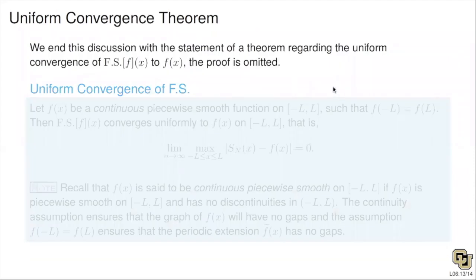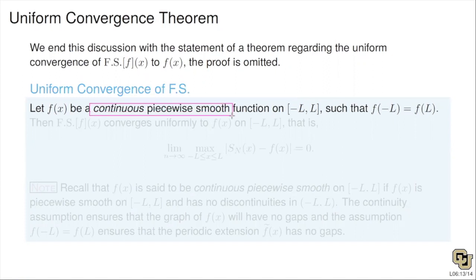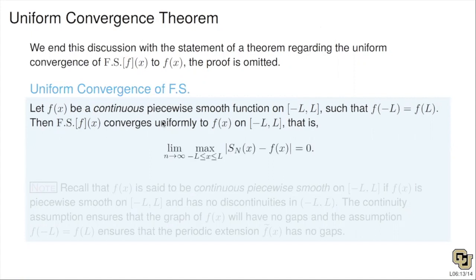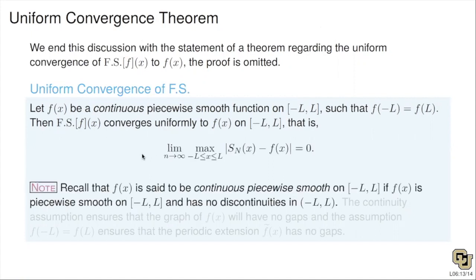For uniform convergence, we do have a theorem. If the function we're starting with is continuous piecewise smooth, meaning the function is continuous and its derivative is piecewise continuous, and it's adjusted at the endpoints so that it's equal at the endpoints, then we can show that convergence is in fact uniform.